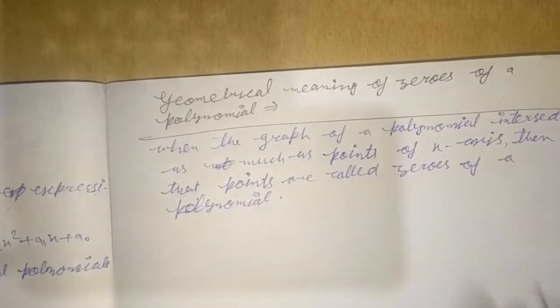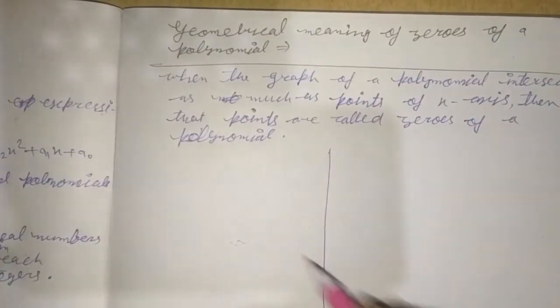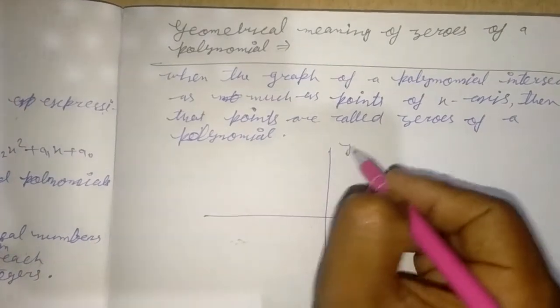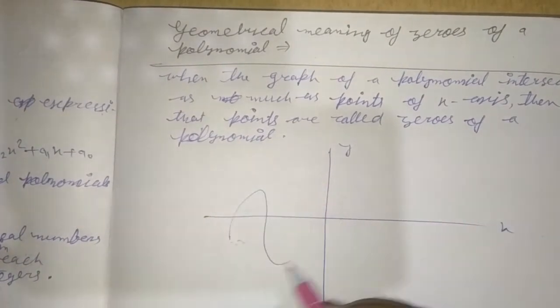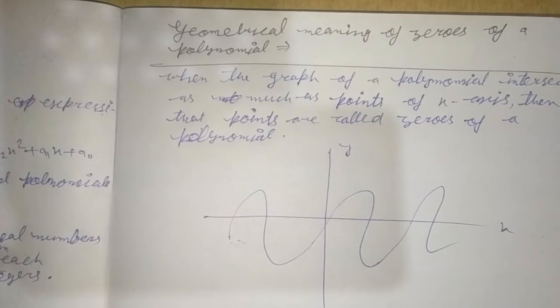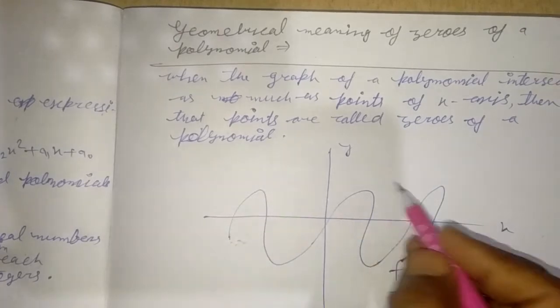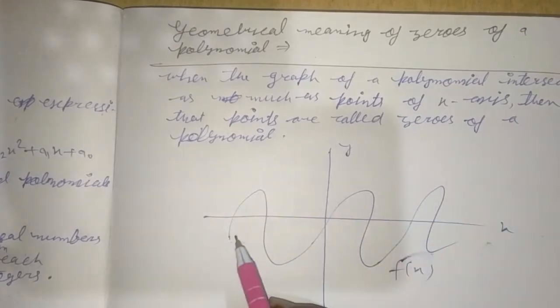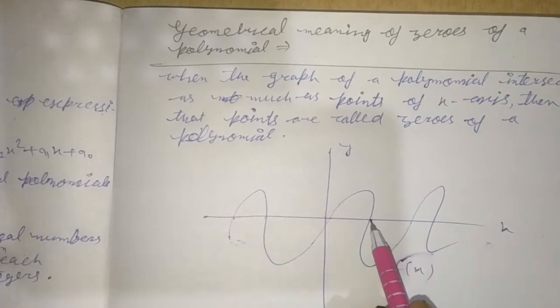Okay, suppose it is the x-axis and it is the y-axis. Suppose it is the graph of any polynomial. So this graph, suppose it is the graph of f(x). This graph intersects the x-axis at how many points? Look, 1 2 3 4 5 6, at 6 points.